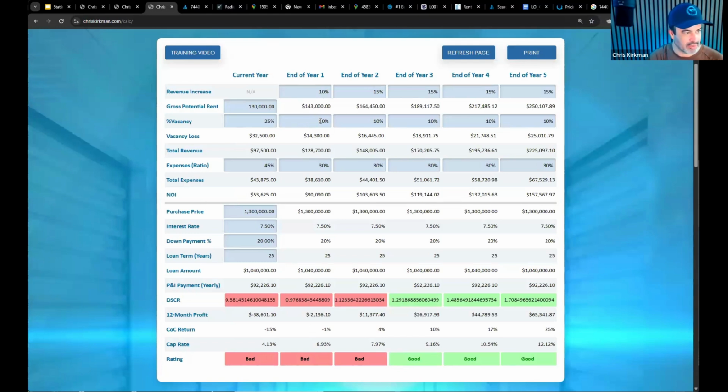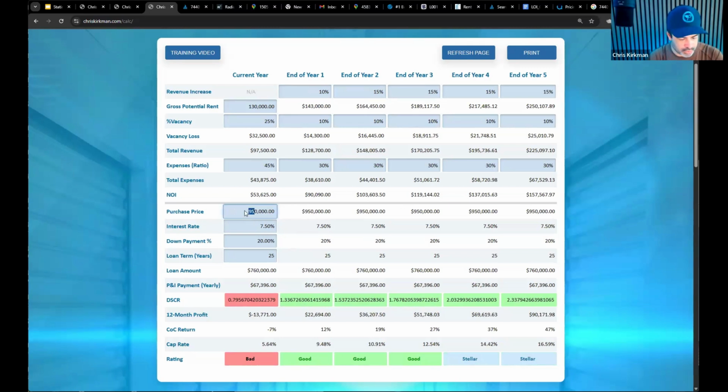So even if we have less vacancy, increase the price a little bit, and get a little more efficient with our expenses, a 1.3 price point is still not going to be good enough. So I'm going to knock this down. A couple hundred thousand would do. Not good enough. So let's do like 9. That's a lot, so let's put an extra 5 on that.